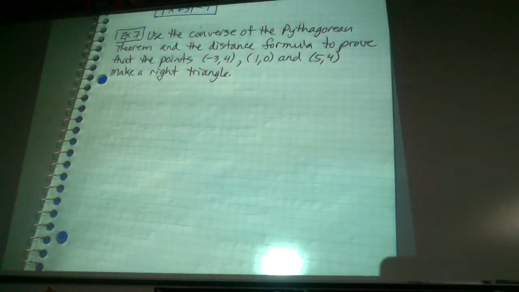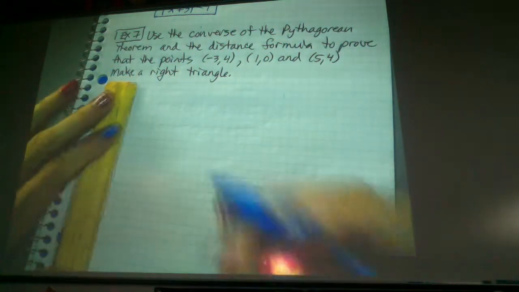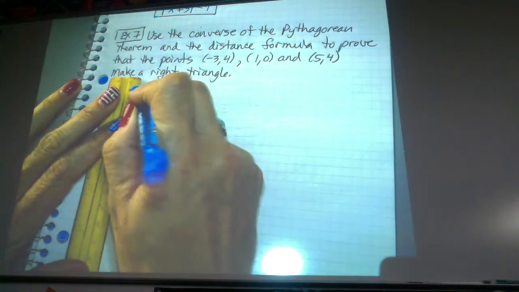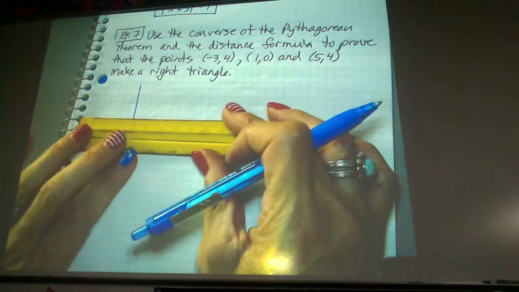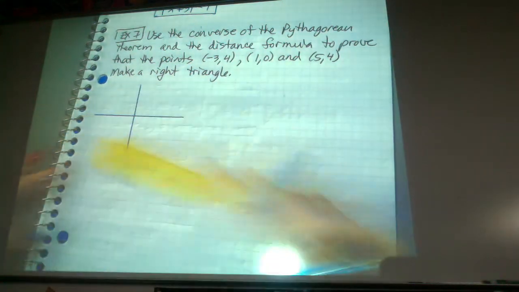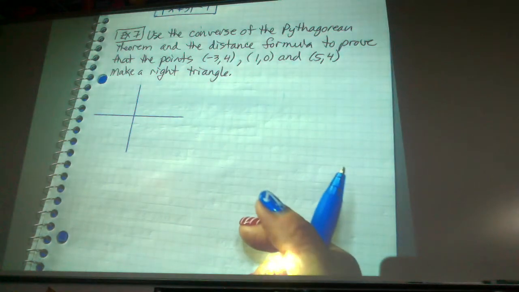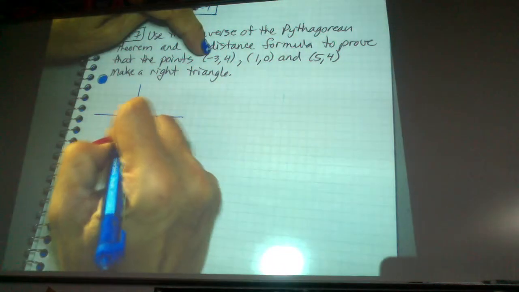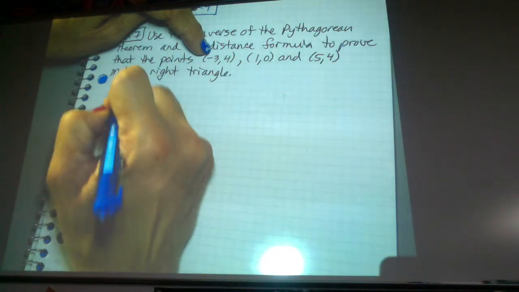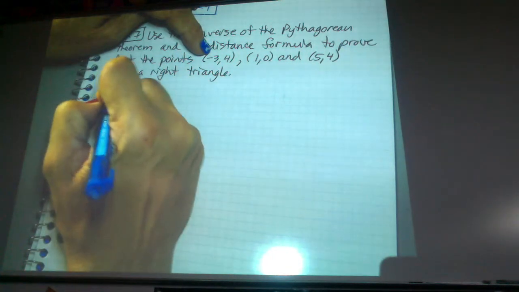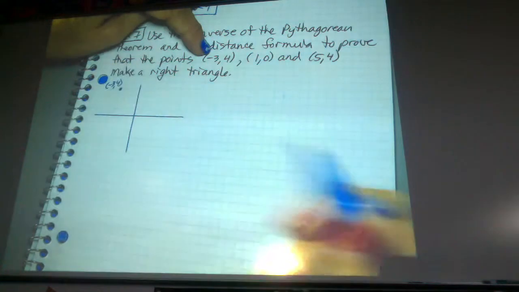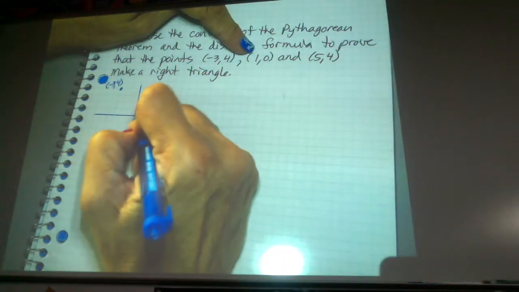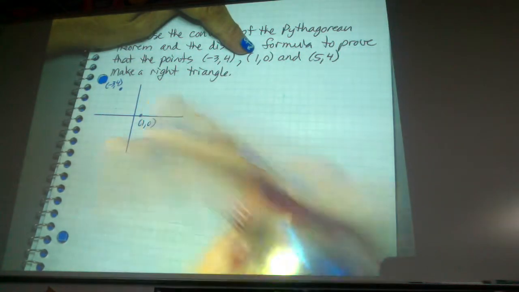So the very first thing I would do if I were you would be to plot those points. I'm going to plot them off here to the side, and I'm going to label them as I plot them. So -3, 4 is here. 1, 0 is here.